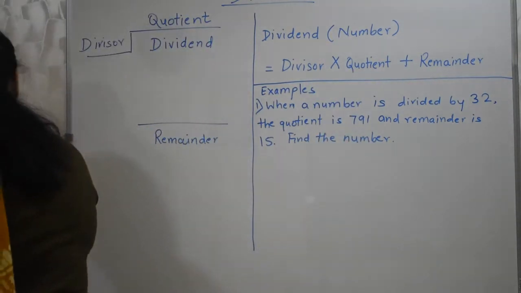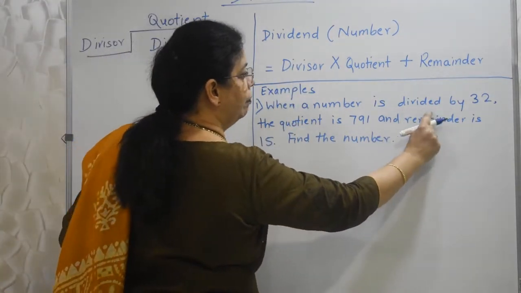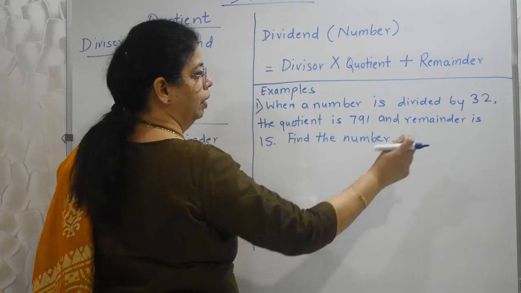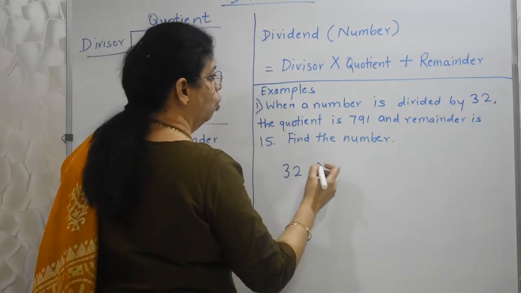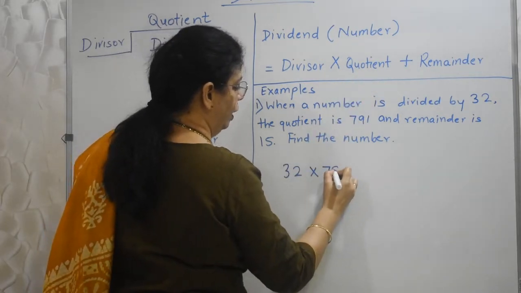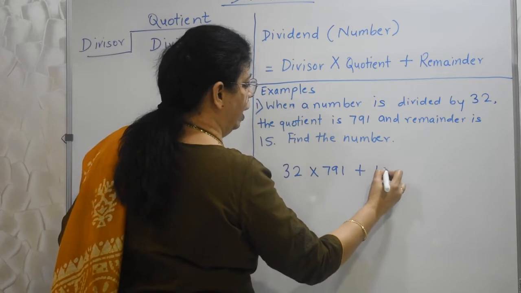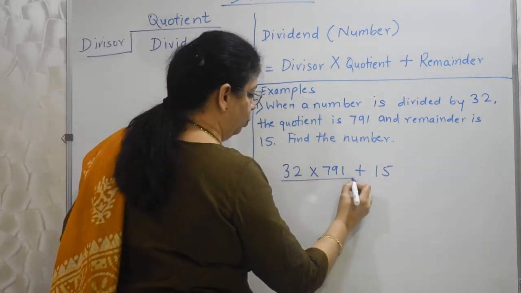So let's begin. What is the divisor here? The number by which we divide is always the divisor. So 32. Quotient is 791. So 32 into 791, and then we need to add the remainder 15. BODMAS: first I will have to do the multiplication.